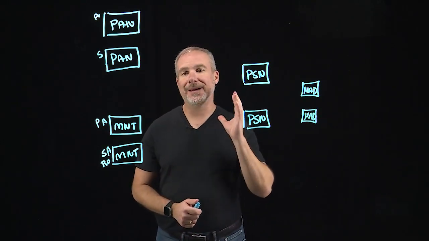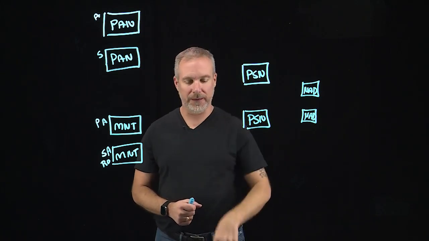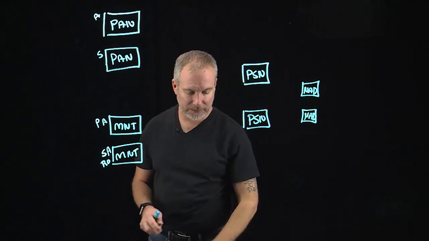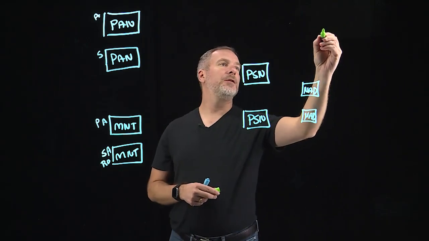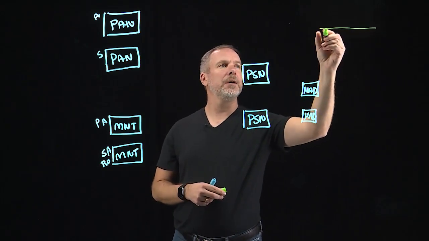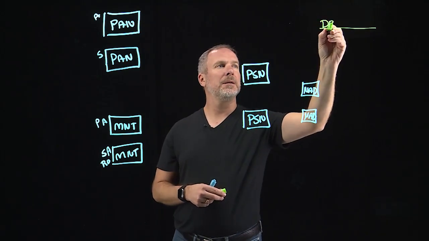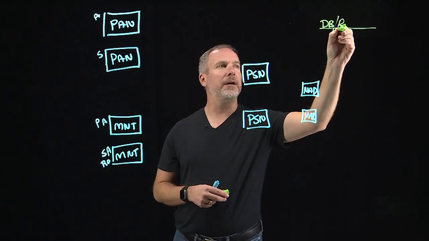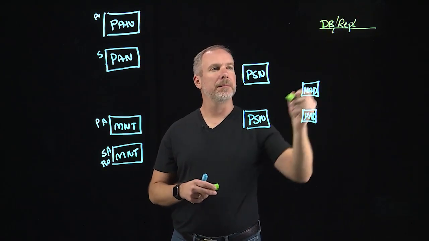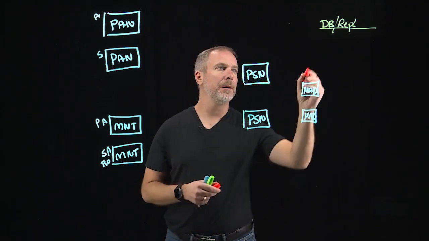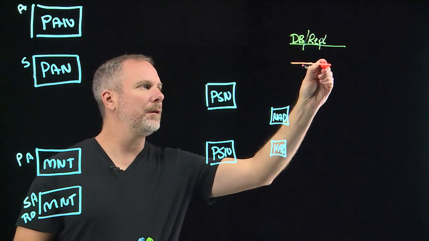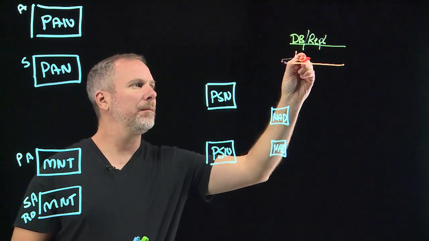Now, if we look at the type of data that flows between the different environments, I'm going to use some different colors to differentiate the type of data. I'm going to use green, and we're going to call this our database or replication traffic. I'm going to use orange. I'm going to call orange our logging traffic.